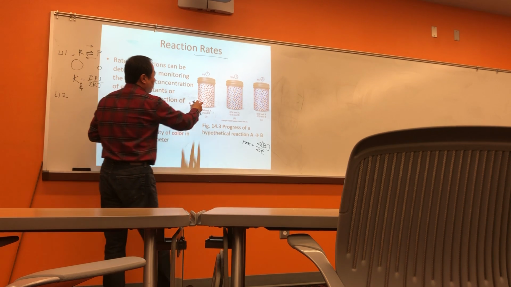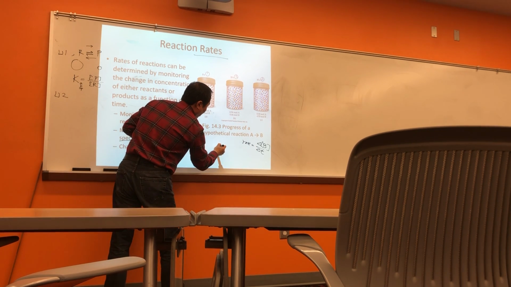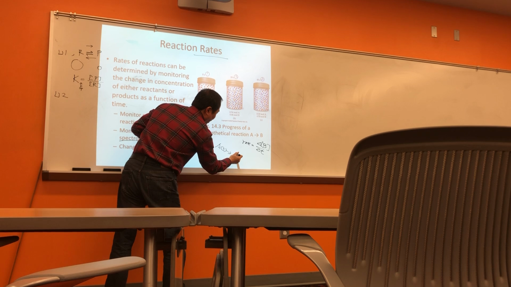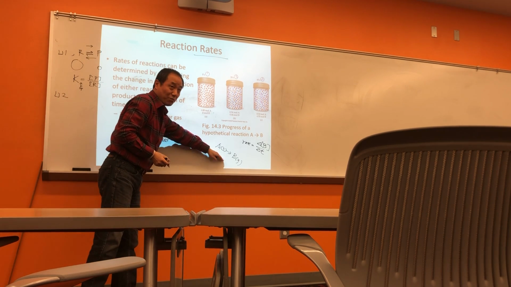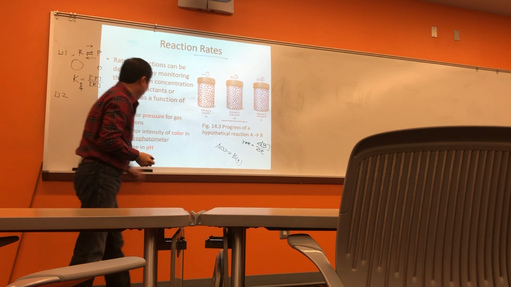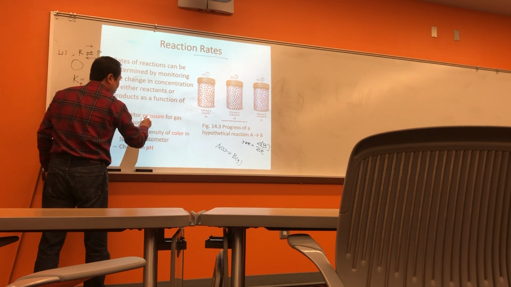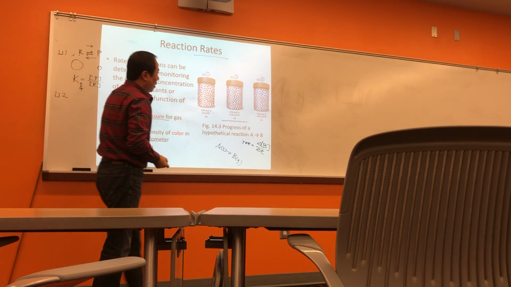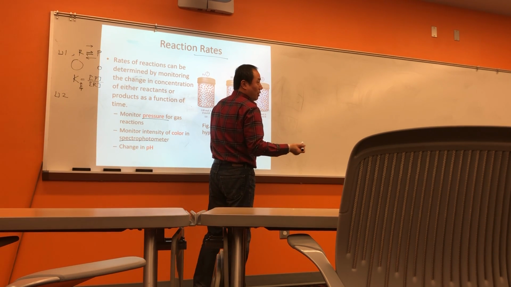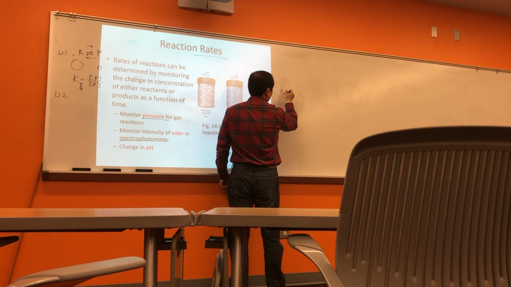Or if the reaction produces gas from a solid, then you will see a change in pressure, right? So in that case, you can just measure how the pressure changes. Sometimes a reaction produces acid, like HCl.